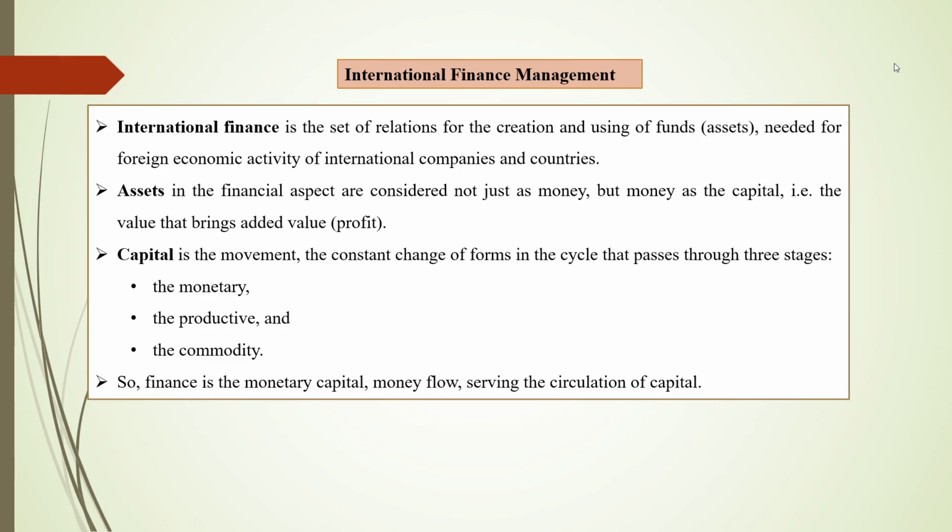Capital is not static, it continuously moves in a cycle. First, money is invested in business activities, which is known as the monetary stage. Next, this money is used to produce goods or services, called the productive stage. Finally, the goods are sold in the market and money is received back with a profit, which is known as the commodity stage. This continuous movement of money is the foundation of international finance.